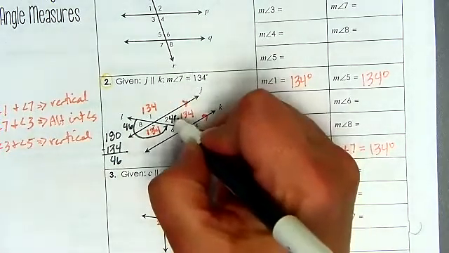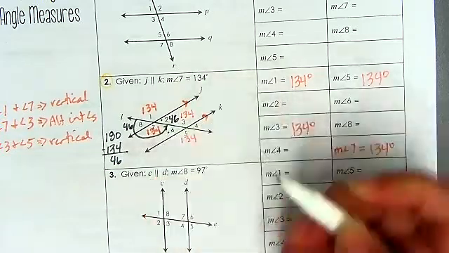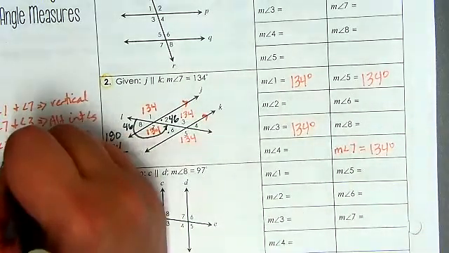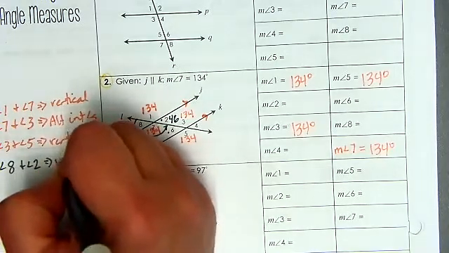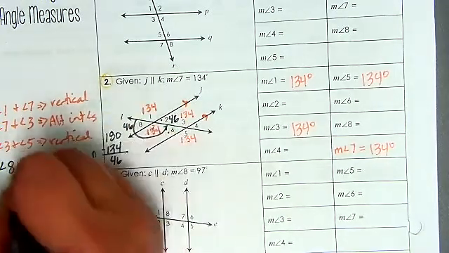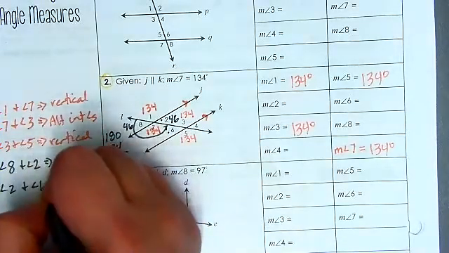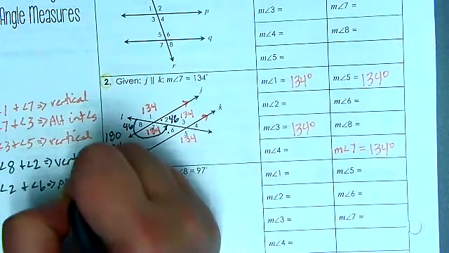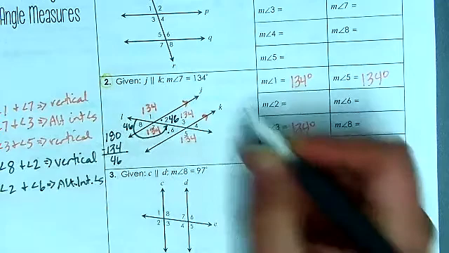By alternate interior angles, because these two are alternate interior angles, so we said that angle 8 and angle 2 were vertical. We're saying angle 2 and angle 6 are alternate interior angles.